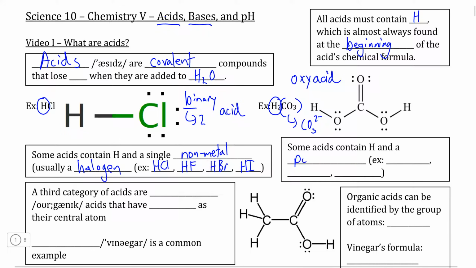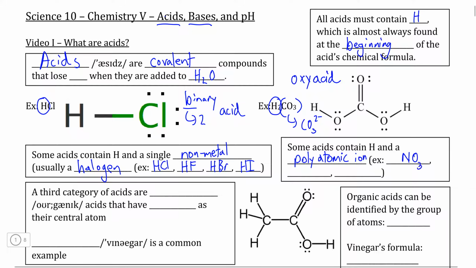You will recognize this as a polyatomic ion, specifically the polyatomic ion carbonate. And we can see that oxyacids can form by simply taking a polyatomic ion and adding a specific number of hydrogens equal to the amount of negative charge that the ion has.